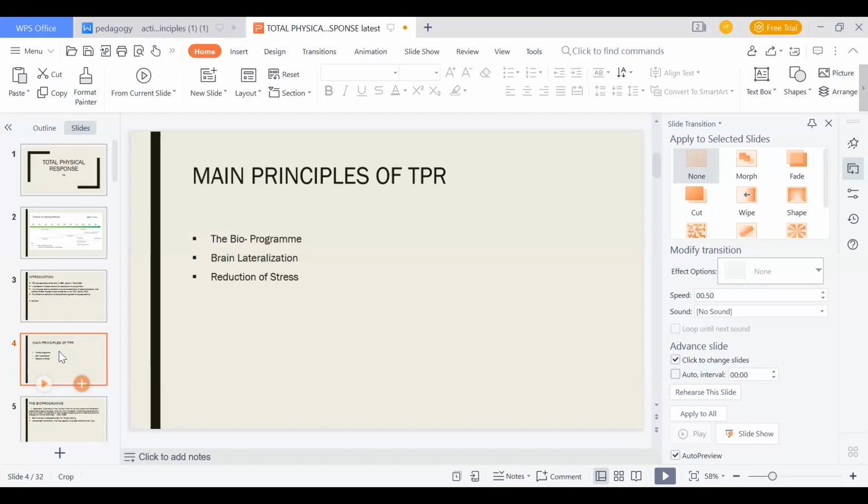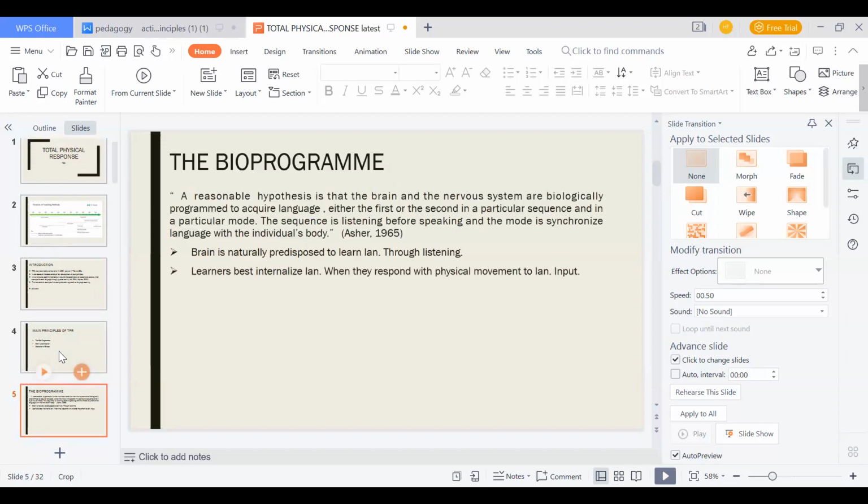Okay. So let's see what is meant by the bioprogram. Right? Can one of you read this? Then I will explain it to you. A reasonable hypothesis is that the brain and the nervous system are biologically programmed to acquire language, either the first or the second, in a particular sequence and in a particular mode.